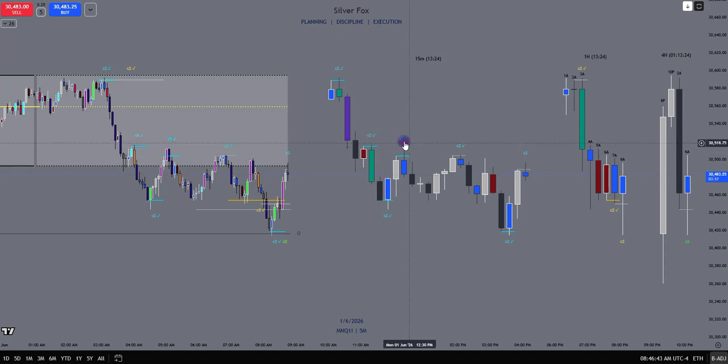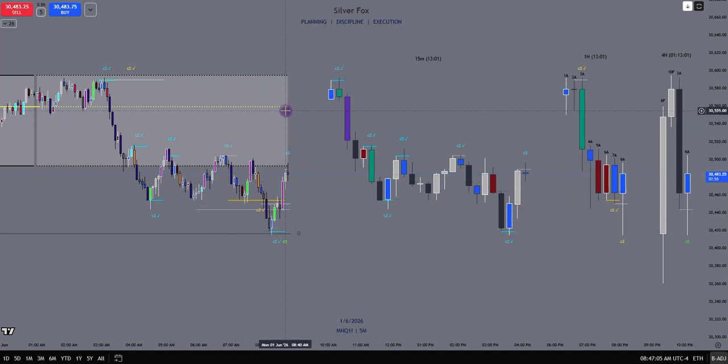And as you can see, we're putting in multiple 15-minute 3 candle formations on the way down. I wouldn't enter on any of these. The entry was up here. So if you didn't enter up here, I wouldn't be trying to enter down here, because you're getting into like a support zone.